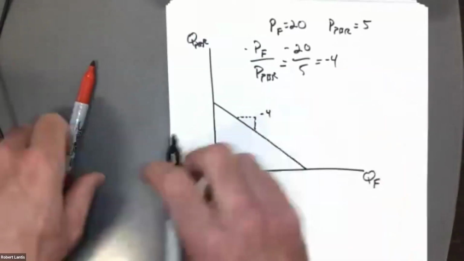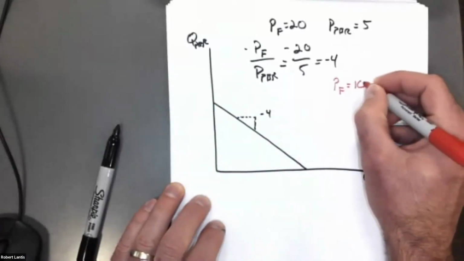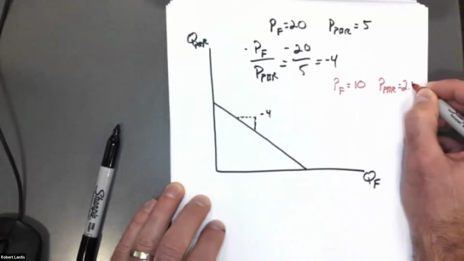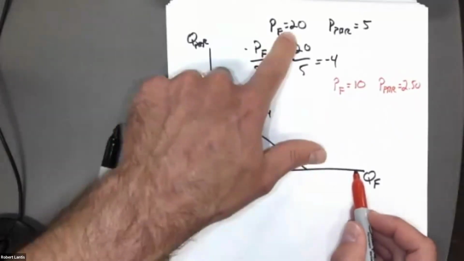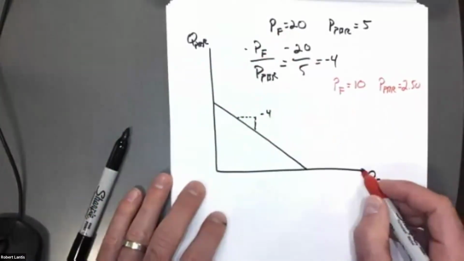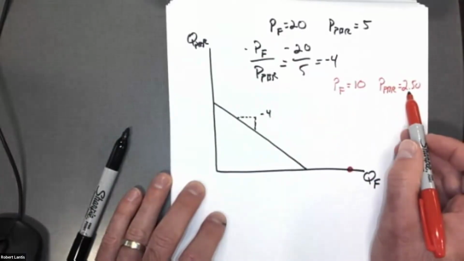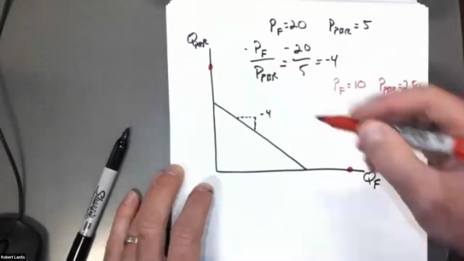Well, what if instead the price of a flannel shirt is 10, and the price of PBR is now 2.50? If I'm only buying flannel shirts with the same amount of income, I can buy more. With the same amount of income, PBR is now cheaper, so I can also afford to buy more.